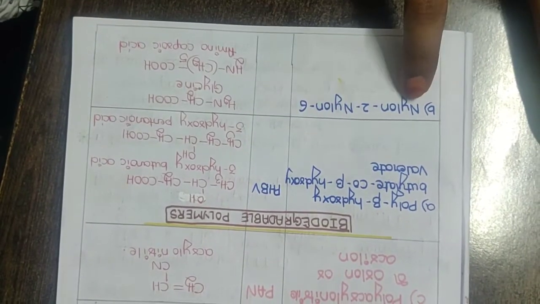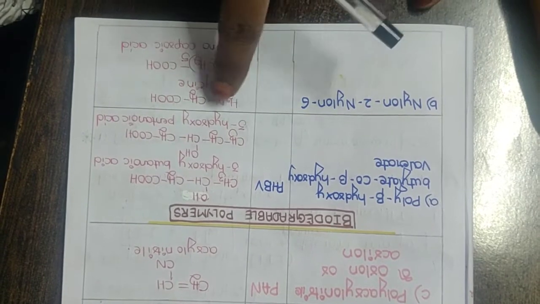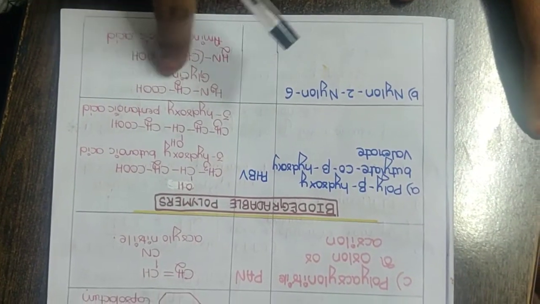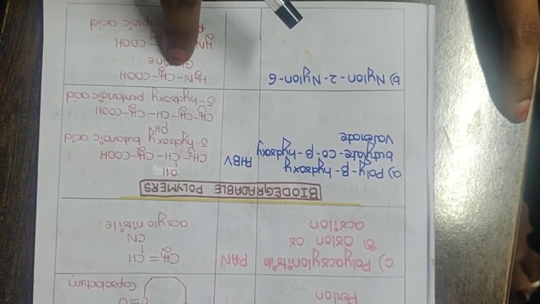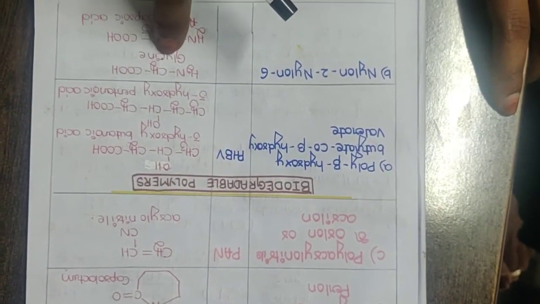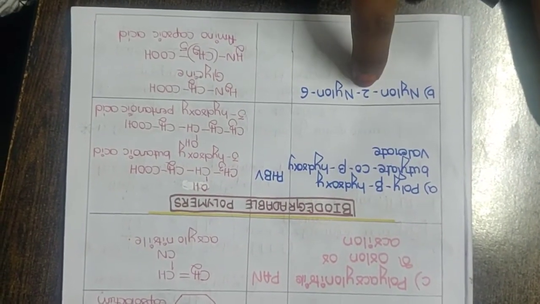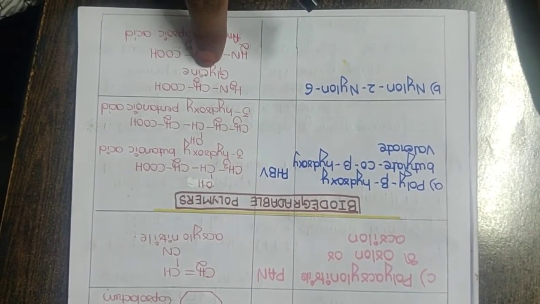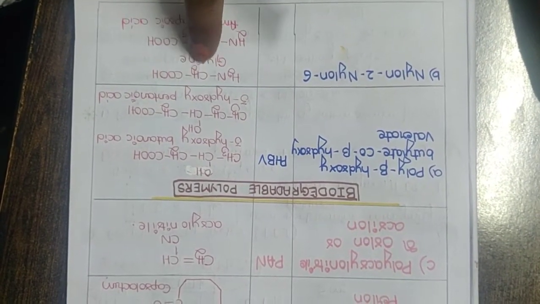So these are the 2 monomers which are present in PHBV. And next is nylon 2, nylon 6. The 2 monomers here are glycine, which is actually the simplest optically inactive amino acid. Why they have used number 2 is because glycine has a total of only 2 carbon atoms: carboxylic acid 1 carbon, CH2 group 1 carbon.